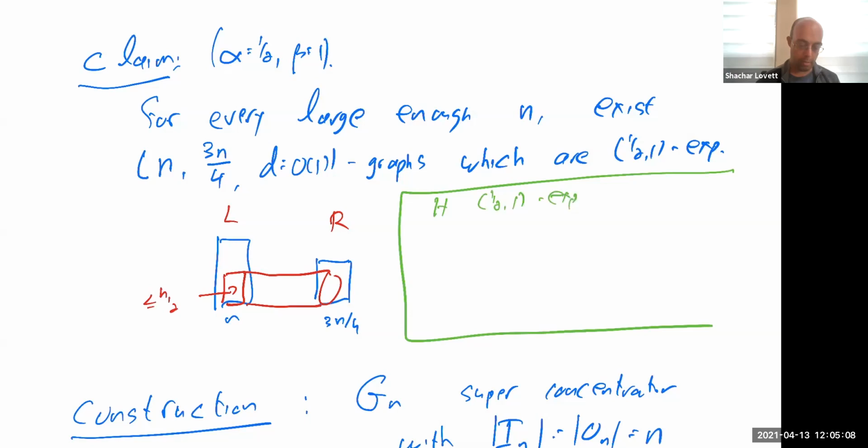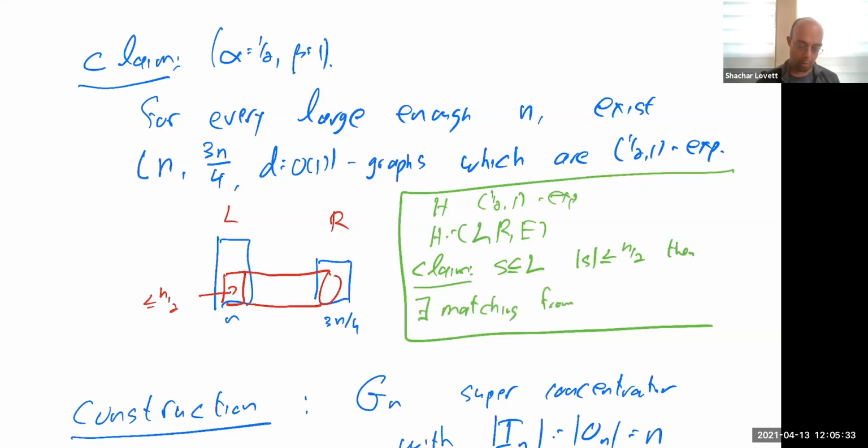Here's the claim. H has left and right sides with edges between them. The claim is that if S is a subset of the left-hand side of size less than n/2, then there exists a matching from S to the right-hand side.